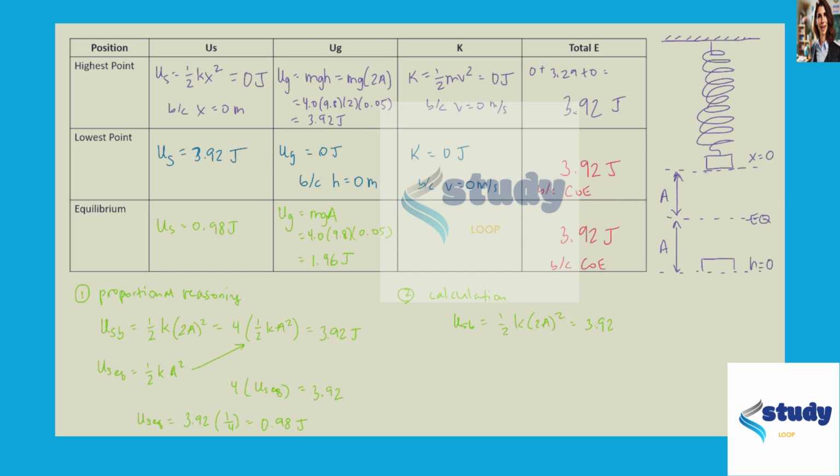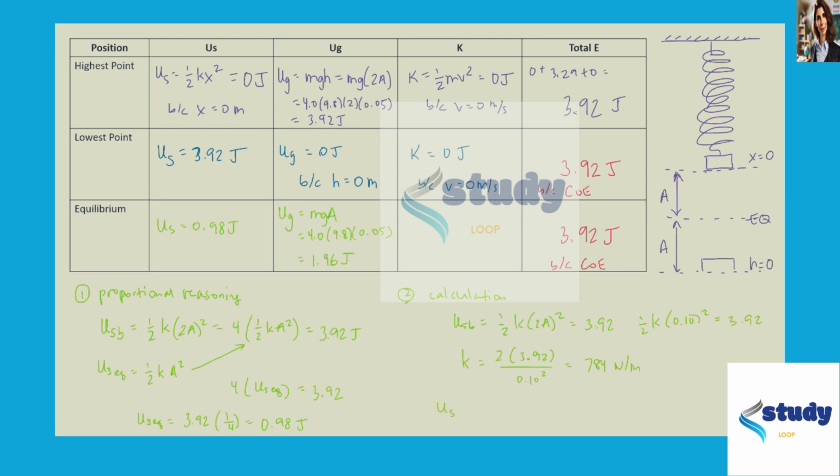And so I would go ahead then and substitute 1/2 K times 0.10 squared equals 3.92 joules, and I will solve for my spring constant, which is going to be 2 times 3.92 divided by 0.10 squared, which gives me a value of K of 784 newtons per meter.